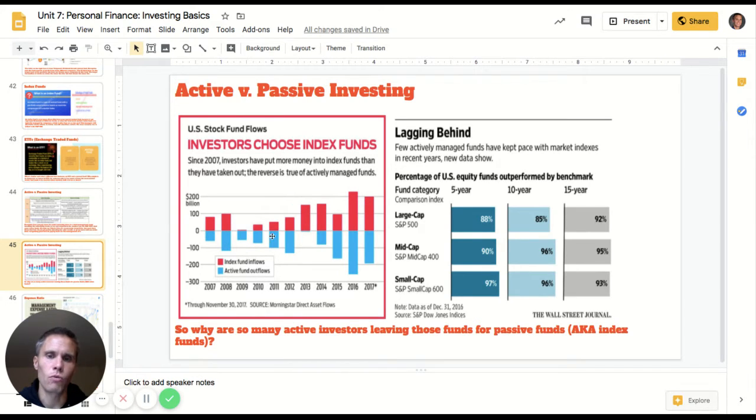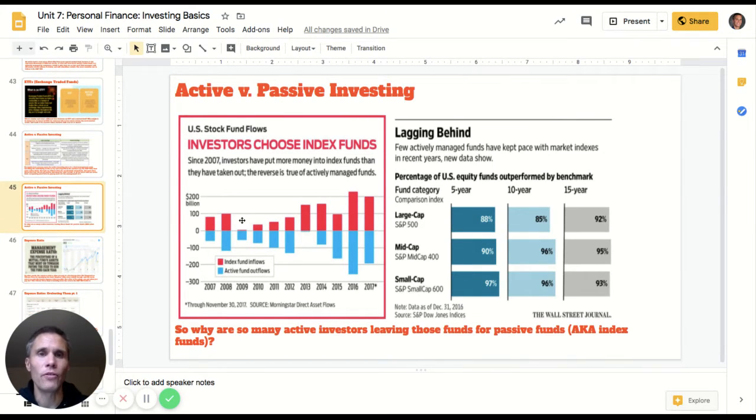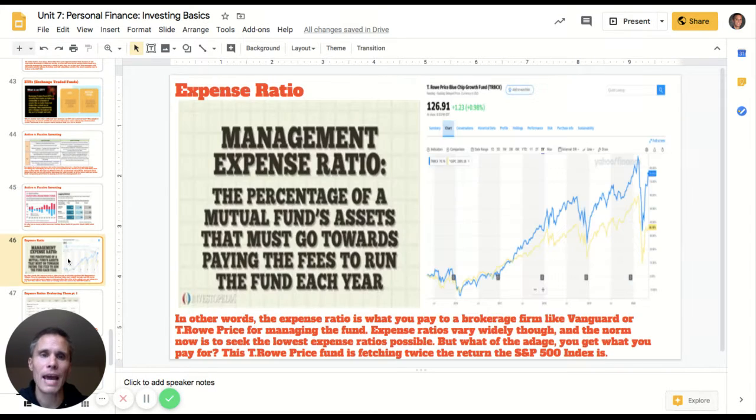And the blue represents people since 2007 all the way to 2017, the amount of people leaving those actively managed funds. And a big reason why, folks, is cost. And I'm going to explain that right now. They don't want the risk associated with actively managed funds, and they also don't want to pay the amount associated with it. So I'm going to give you an example here.